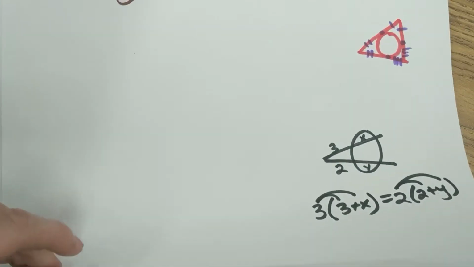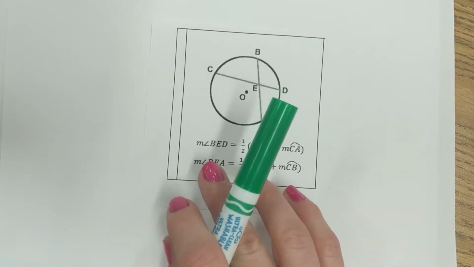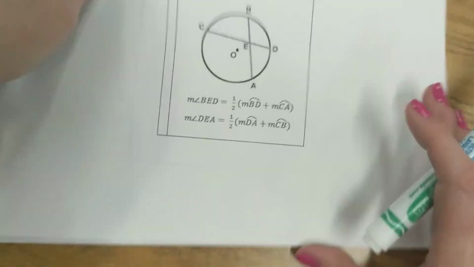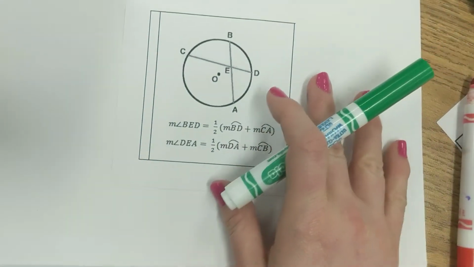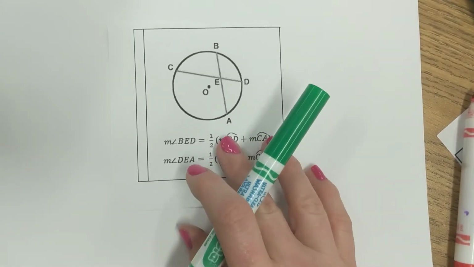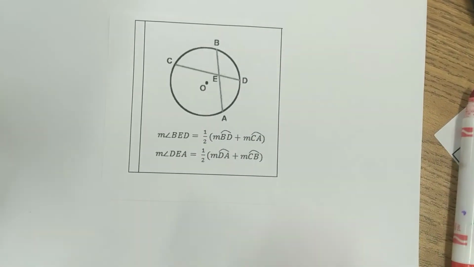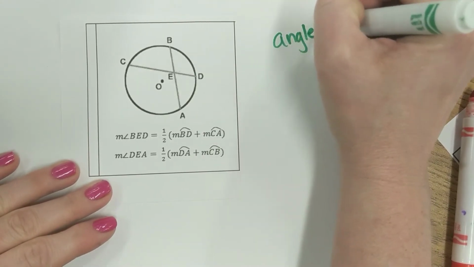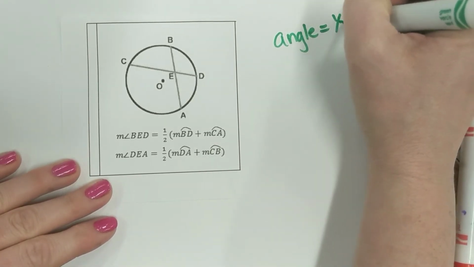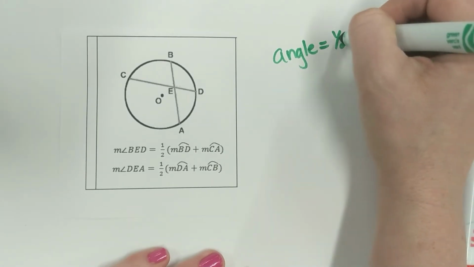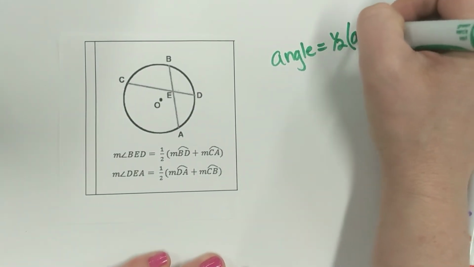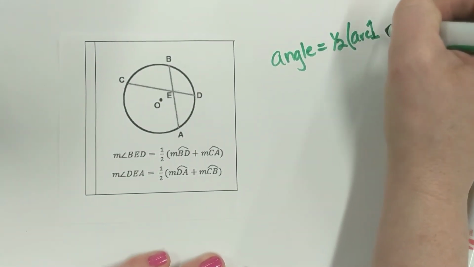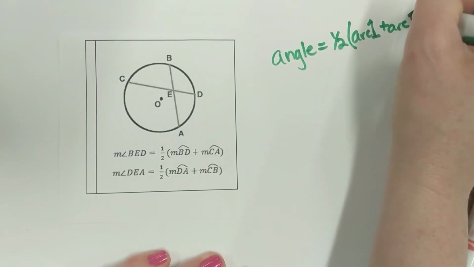The next one, let me get a clean sheet here. I dropped my camera, sorry guys. I think the best way to write this formula is angle equals 1/2, you can use 0.5 if the fractions bother you, times arc 1 plus arc 2.